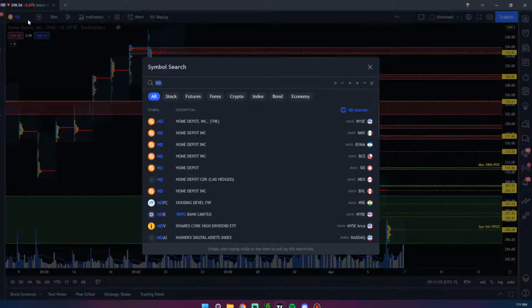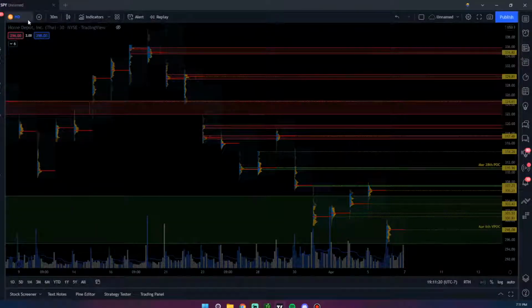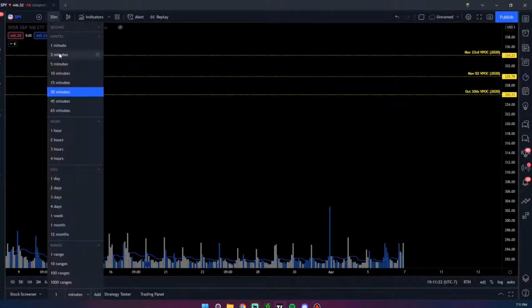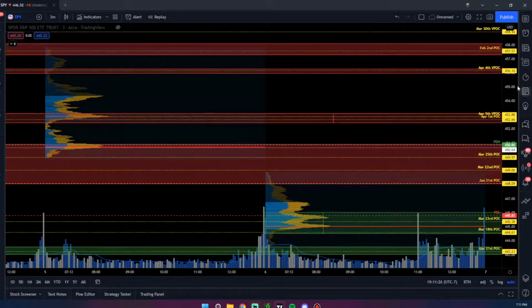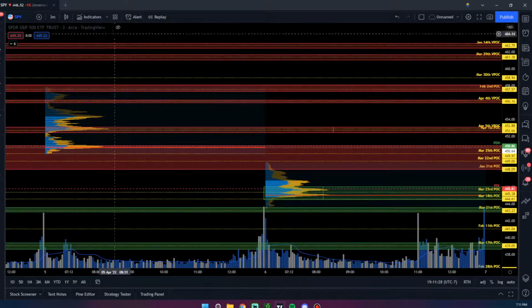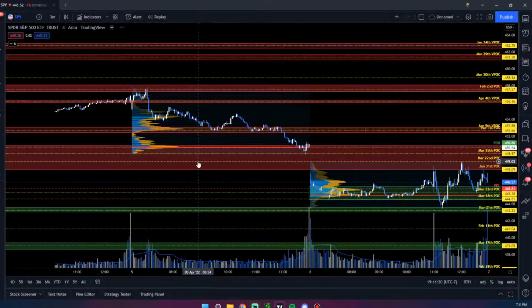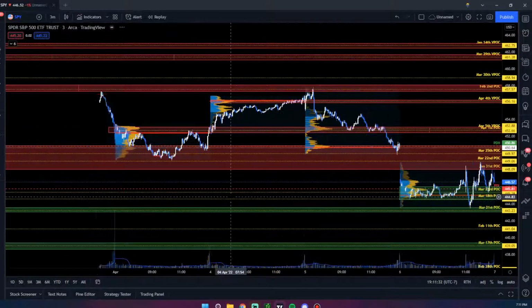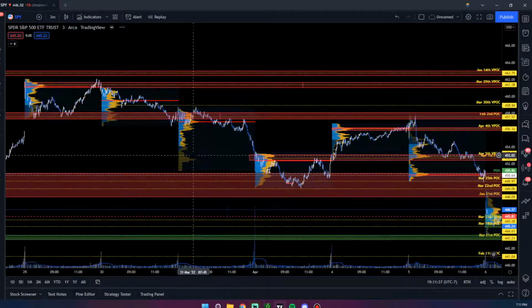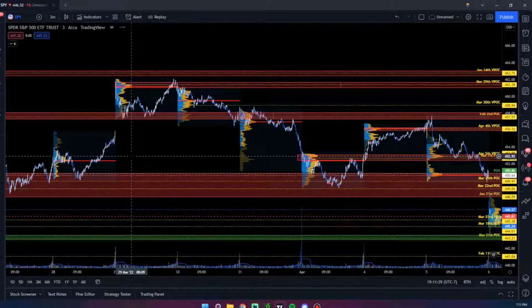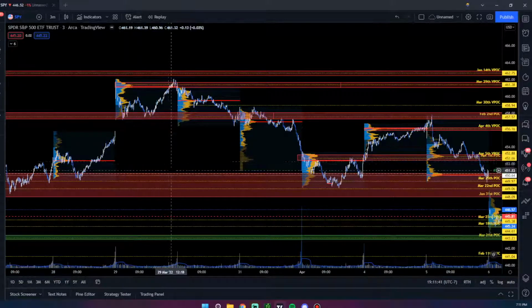But let's just go look at SPY really quick, and we'll go to the 3-minute and turn our candlesticks on. When's the last time we had a real trending day?